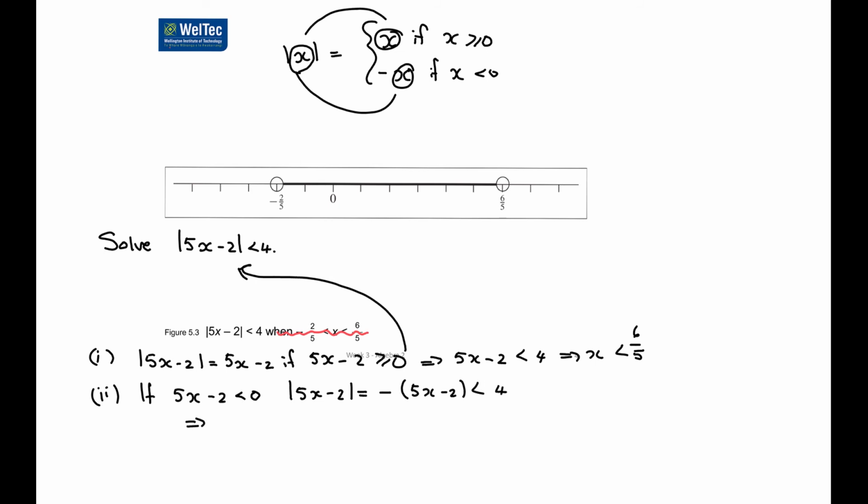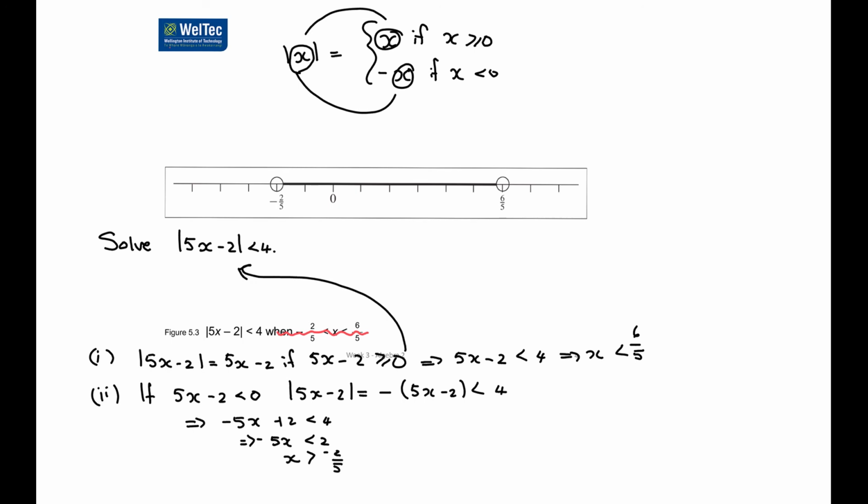So that gives us that negative 5x plus 2 is less than 4. So negative 5x is less than 2. So x is less than, no, x is now greater than, because we're dividing by a negative number, x is greater than negative 2 over 5.